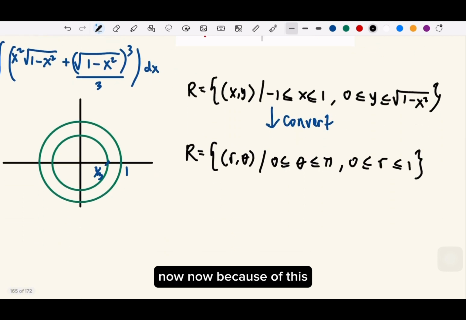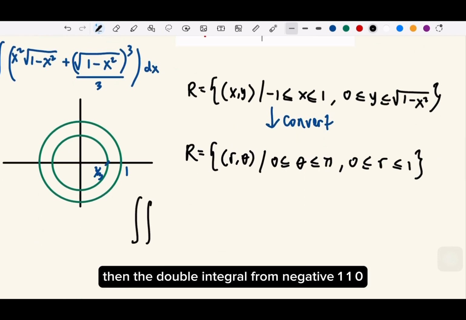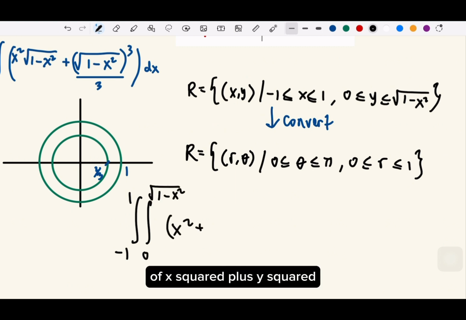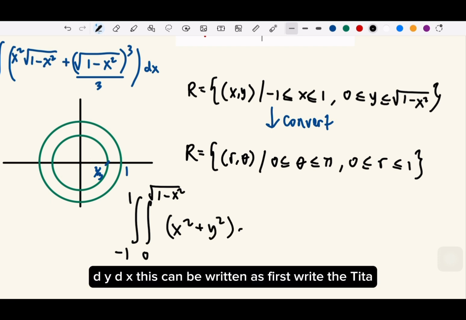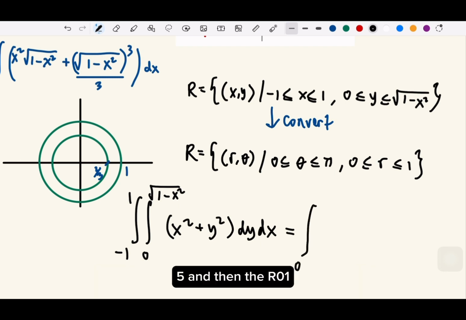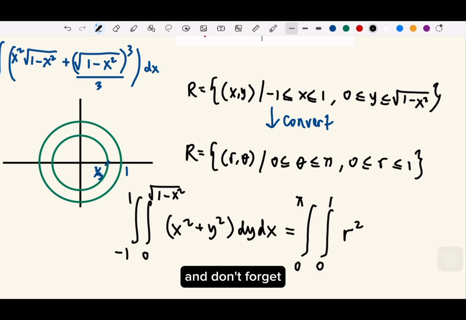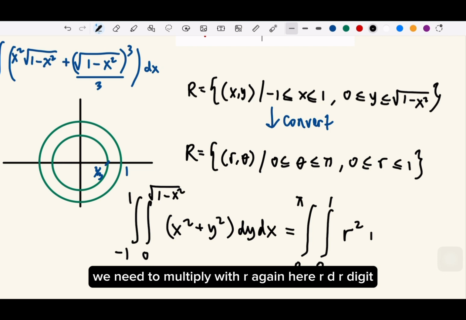Now because of this, the double integral from -1 to 1 of x squared plus y squared dy dx can be written as, first write the theta, the outside integral 0 to pi, and then the r from 0 to 1, and then the x squared plus y squared becomes r squared, and don't forget we need to multiply by r again, here r dr d theta.